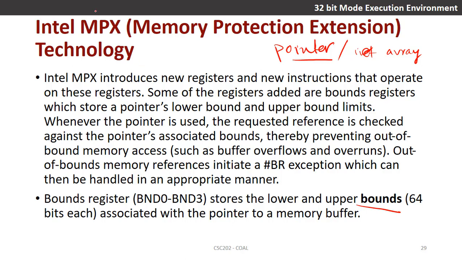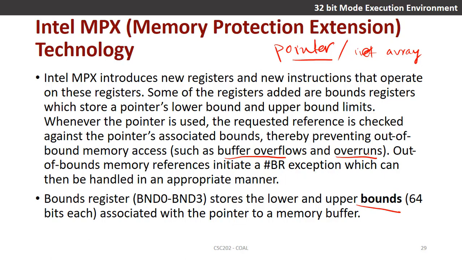So when we talk about pointers and arrays, the first thing that comes to mind is the buffer overflow attack and the buffer overrun attack. In order to mitigate these attacks, Intel, if I'm not wrong, back in 2013 came up with support in their software, Intel Studio, for a bound checking mechanism.